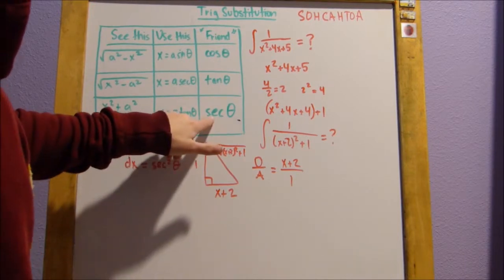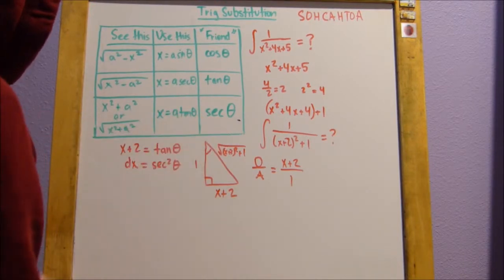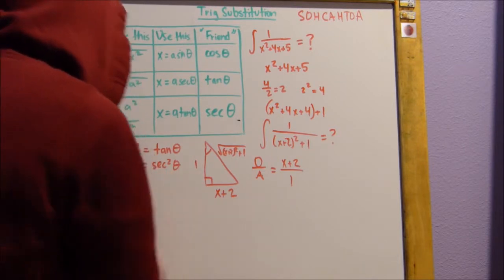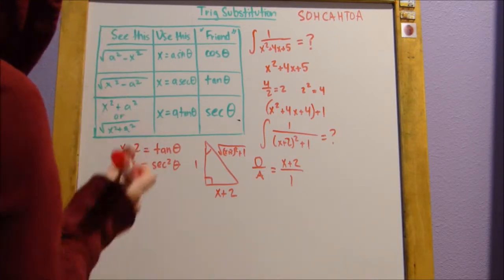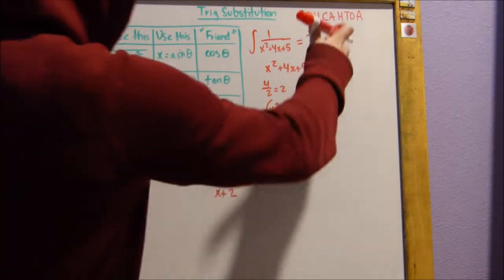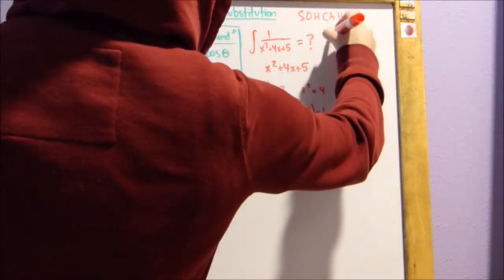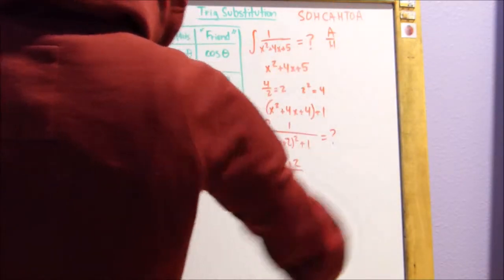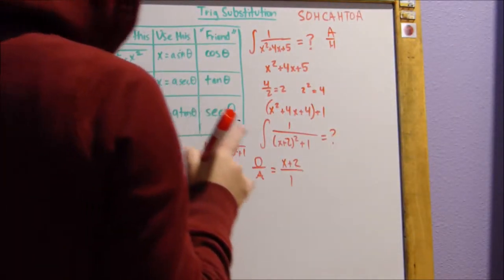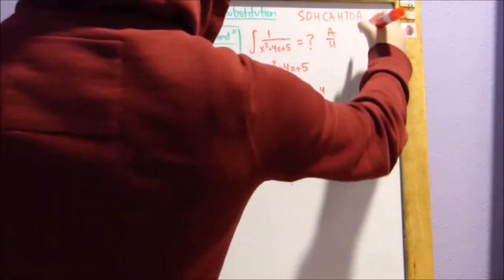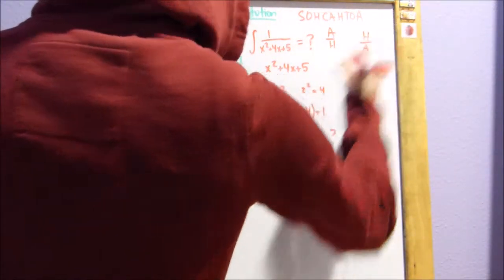Now we're going to use our little buddy here, secant of theta, and we're going to solve for him. So in that previous problem, we figured out that if cosine of theta is adjacent over hypotenuse, and secant is 1 over cosine theta, that means that secant is going to be hypotenuse over adjacent.